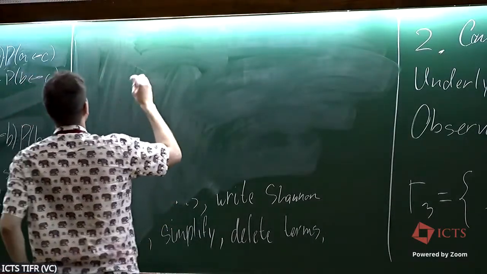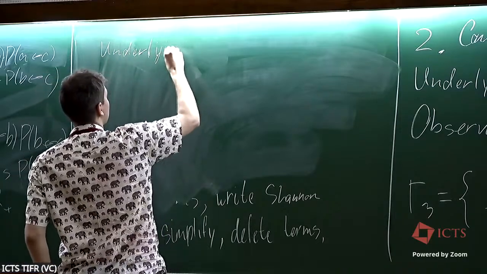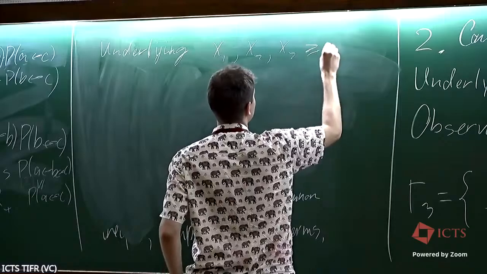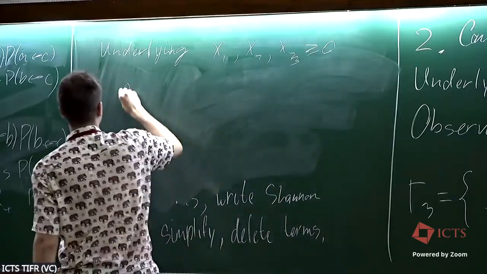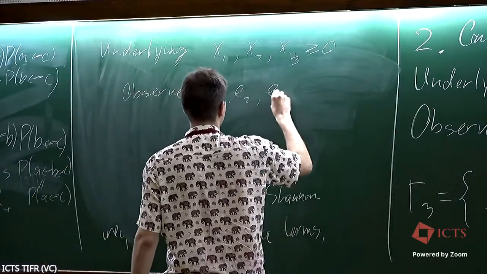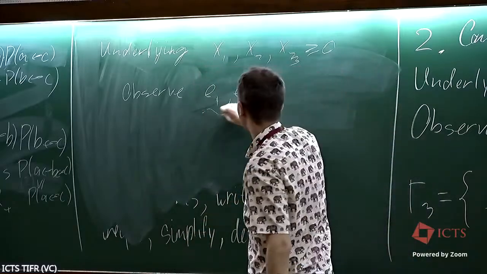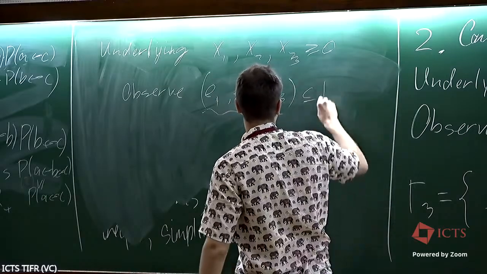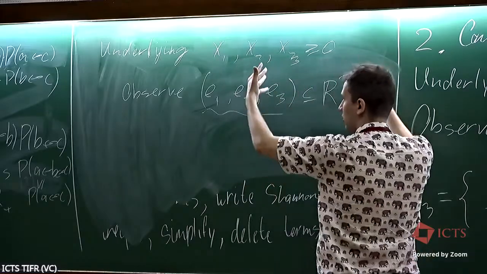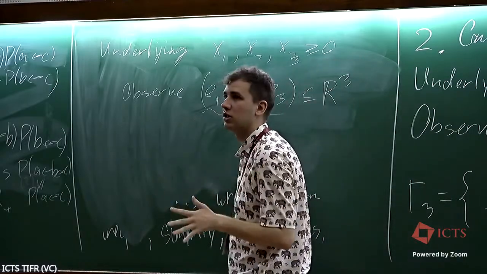So if you have some numbers x1, x2, x3, which are greater than 0, and you can only observe their symmetric functions, E1, E2, E3, you get closedness of all the possible values of this thing in R3 by compactness, since you take triples of non-negative numbers and a convergent sequence converges there.